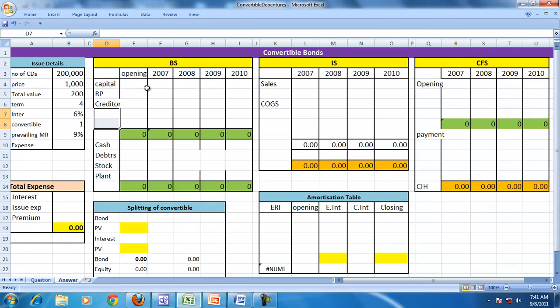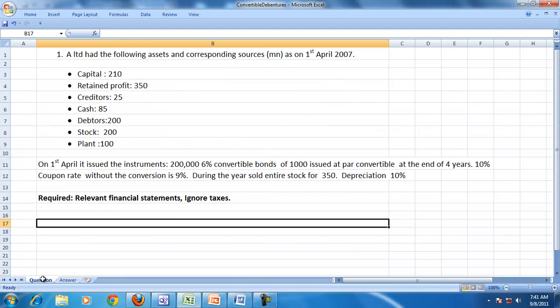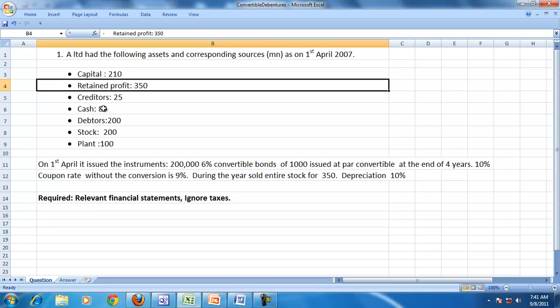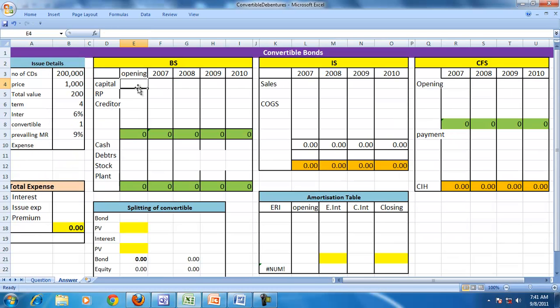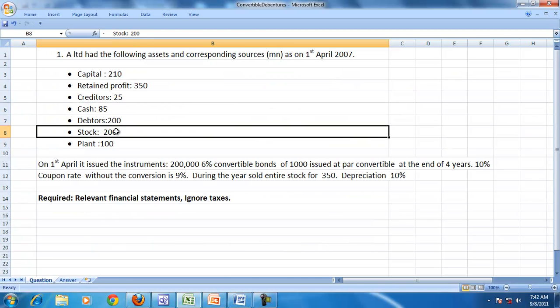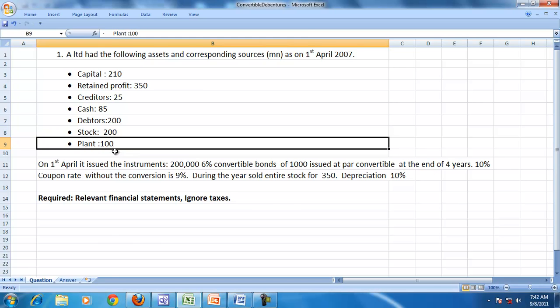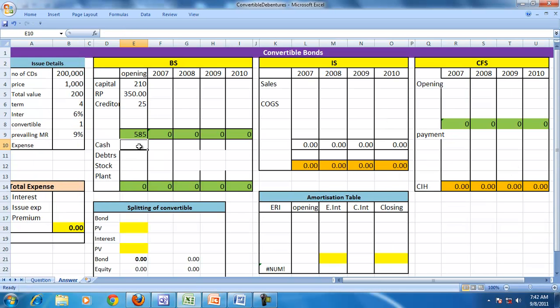So the opening balance sheet of the company, as we can see: capital 210, retained profit 350, creditors 25, supported by cash 85, debtors 200, stock 200, and plant 100, all in million.